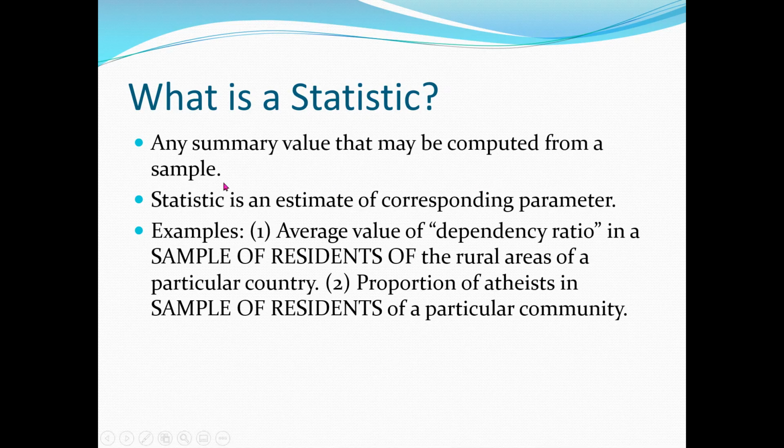What is a statistic? Any summary value that may be computed from a sample. As we said, we generally don't analyze the complete population, rather we rely on a random and representative sample to infer results about the population.